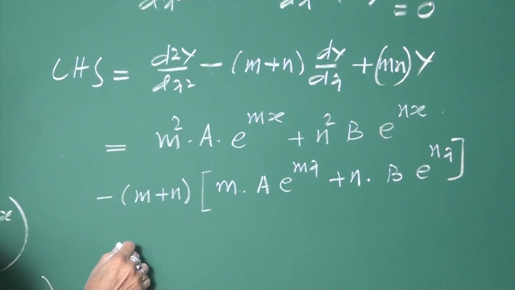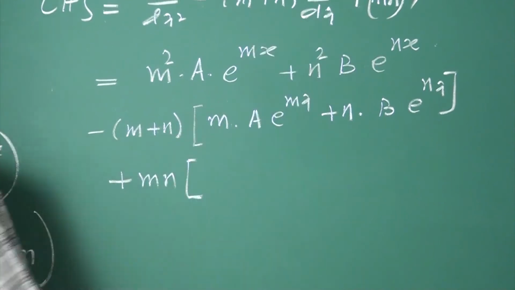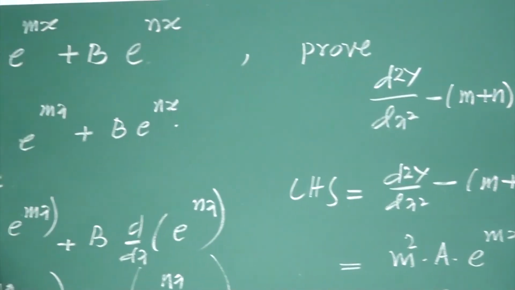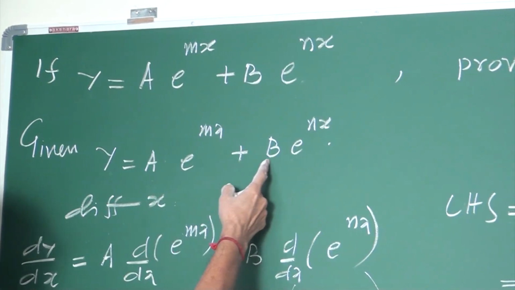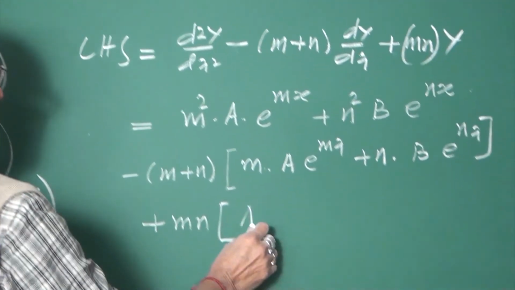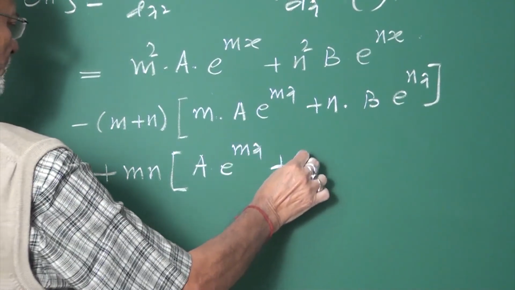I write down mn into y. Tell, y is the given expression. Substitute. It is a into e to the power mx plus b into e to the power nx.